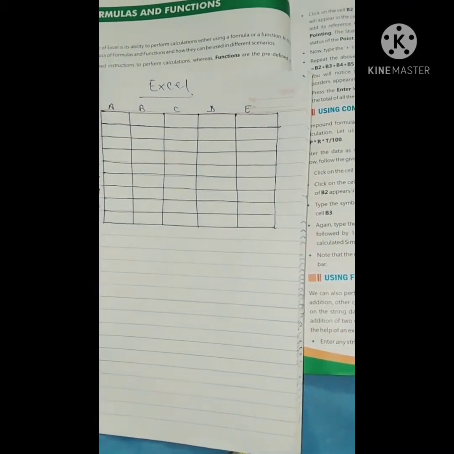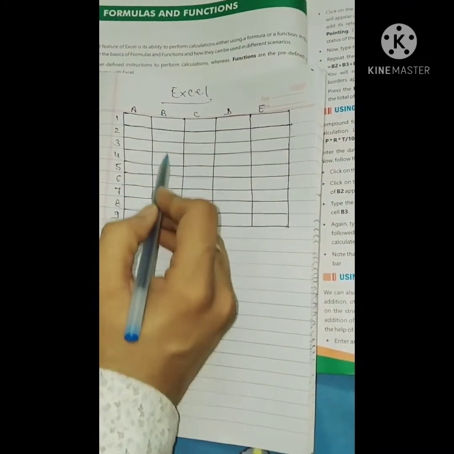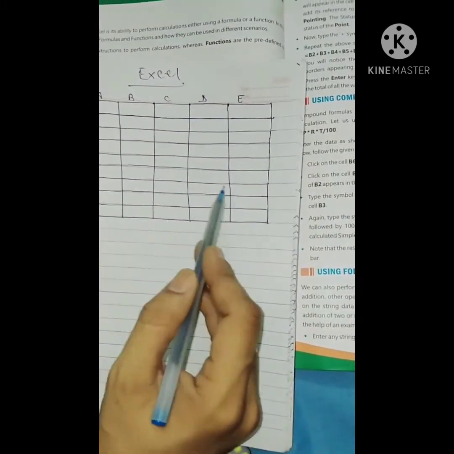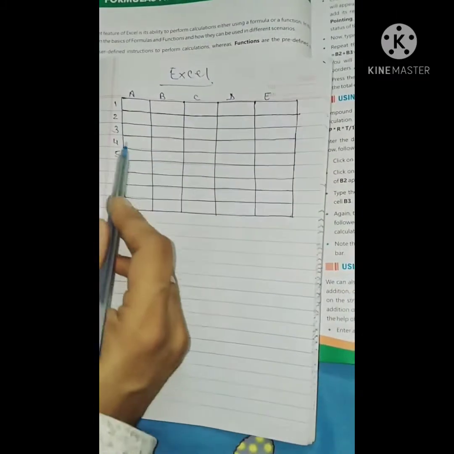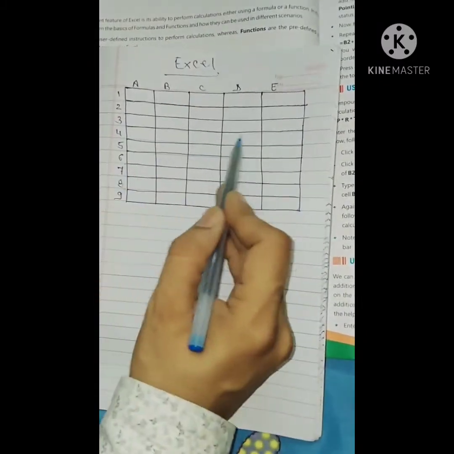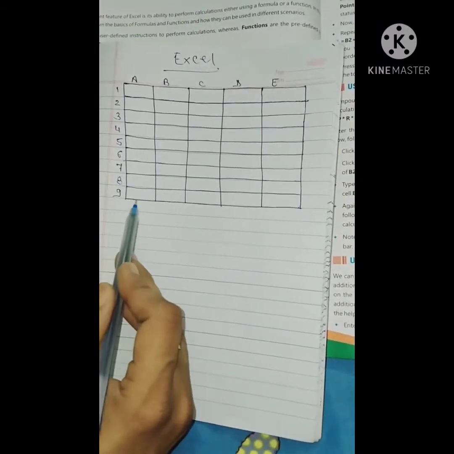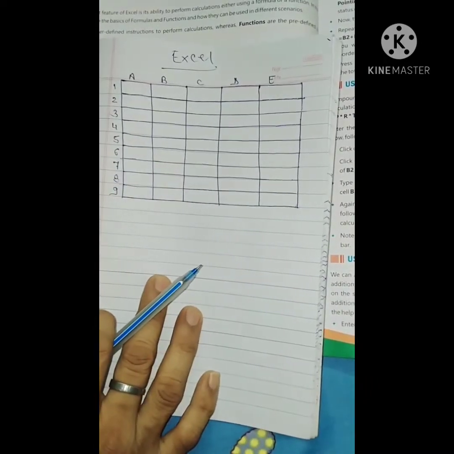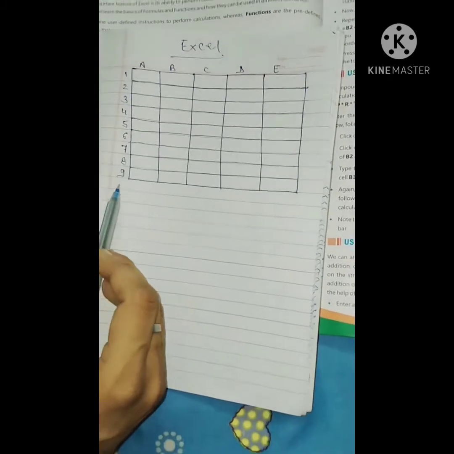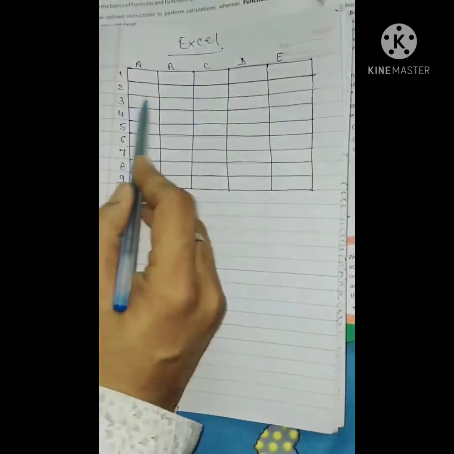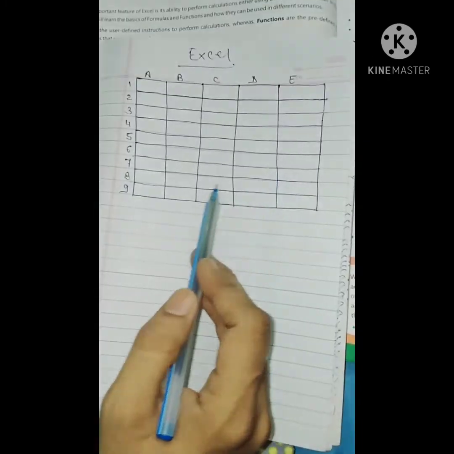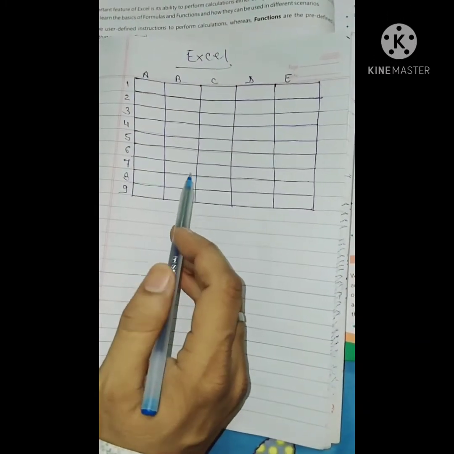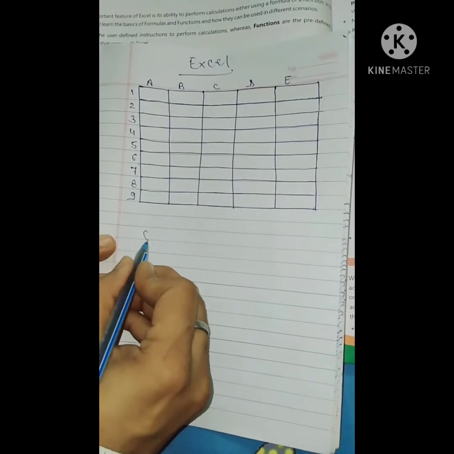Here, 5 columns are given in this table, and 9 rows are given. Vertical lines represent columns and horizontal lines represent rows. Is it clear? So in this table, students, how many rows and how many columns are given?